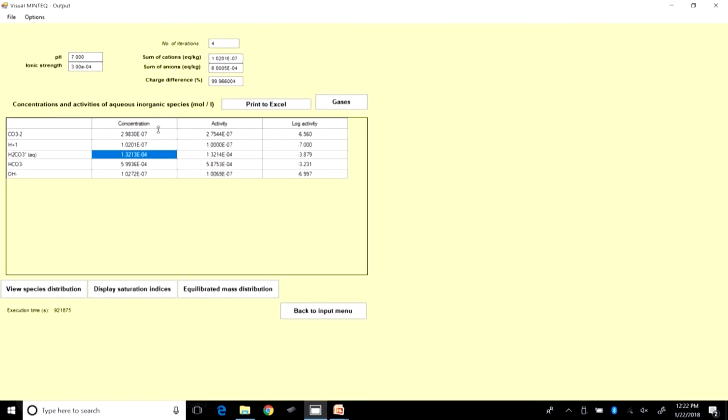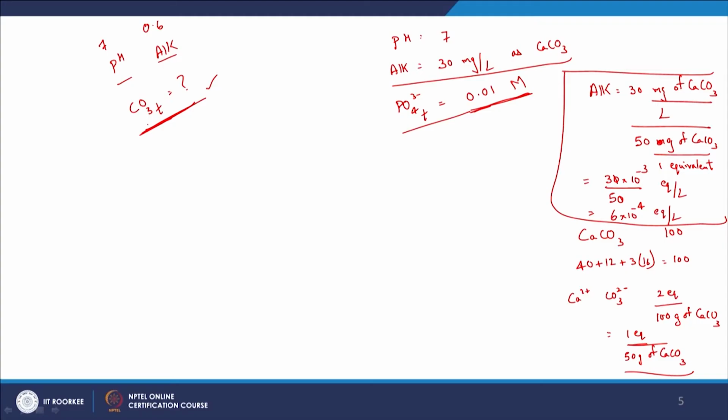For ease, let me take HCO3 minus as 7.2 times 10 power minus 4, let us say bigger. Let me take that and try to plug in the relevant values. It is not exactly equal; you can use Excel and get the relevant values.